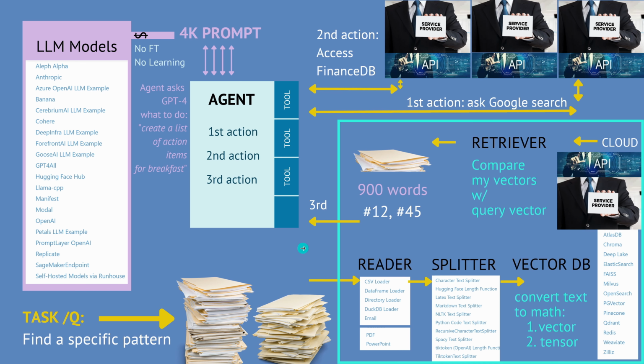So, beautiful. Now, the first action, as I told you, was go and perform a Google search, an automated Google search. Use the APIs, ask the question, and come back with the answer. Beautiful. So we have now here text that is the answer to the first action item. The second action is, okay, and now you have to connect to a very specific finance database.